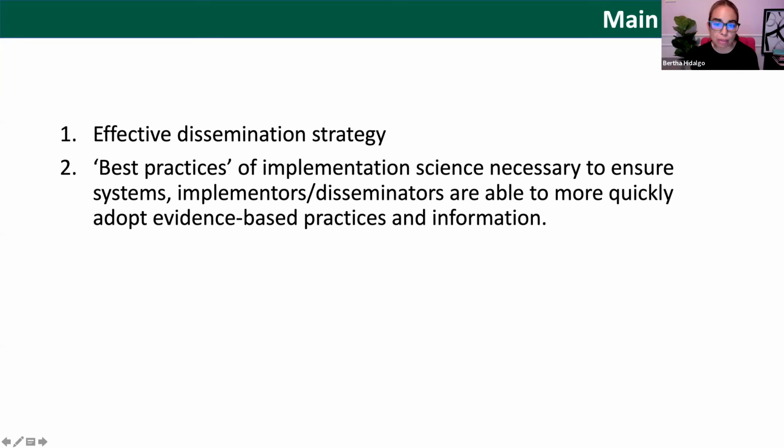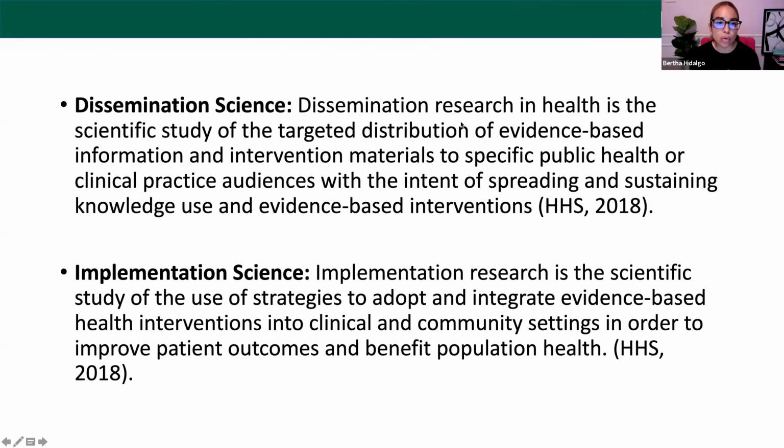Best practices of implementation science are necessary to ensure that the systems, the implementers are there, but what happens to dissemination? We need best practices of dissemination so that we can more quickly adopt evidence-based practices and information. Okay, so when we talk about these two things, you know what implementation science means because you've listened to our talks or you're actively engaged in implementation science.